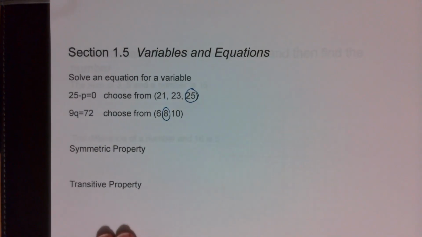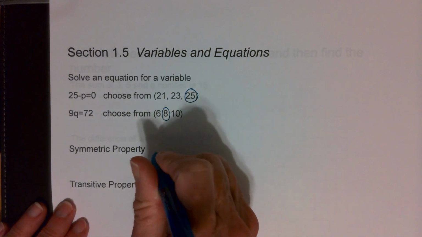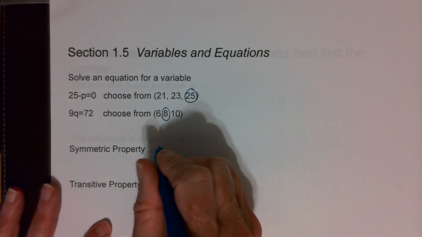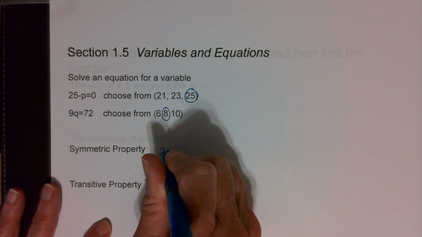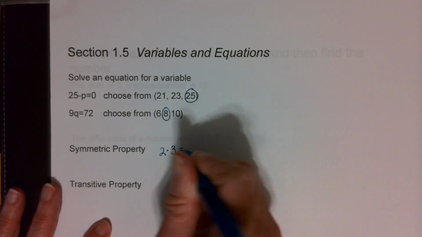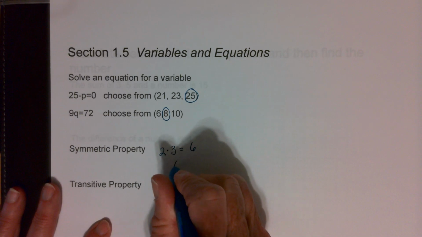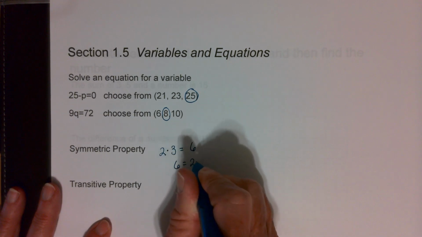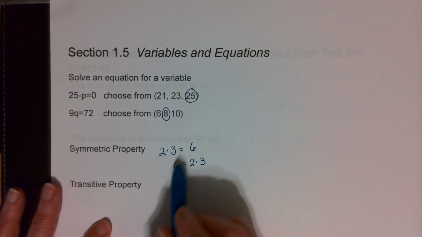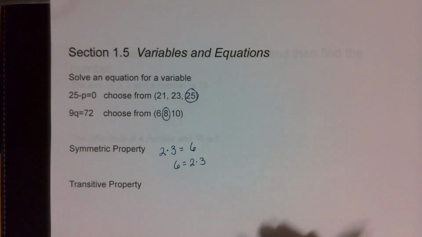We also learned 2 more properties in section 1.5. Symmetric property means that I change the 2 sides of the equation. So 2 times 3 equals 6 is the same as 6 equals 2 times 3. So basically I flip-flop the equations. Transitive property.